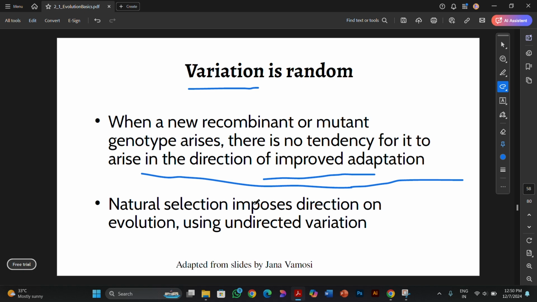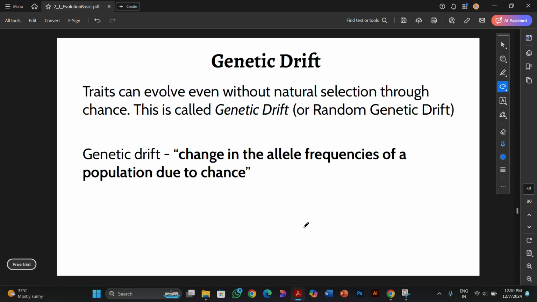And now there is the most important thing, that is genetic drift. Traits can evolve without natural selection, through chance. This is called genetic drift. Like there is one population, and suddenly there is a change in allele frequency. We don't know how.